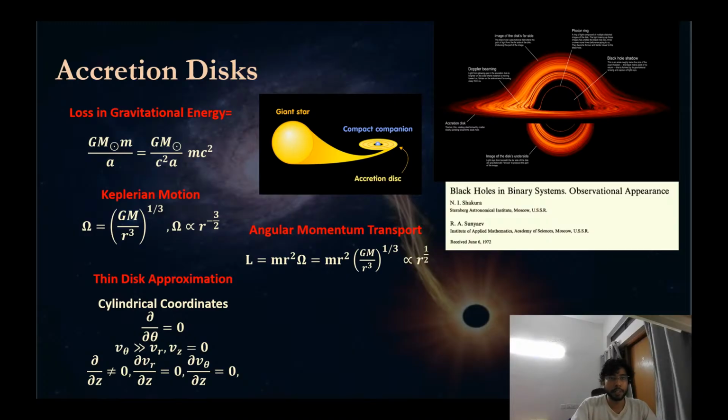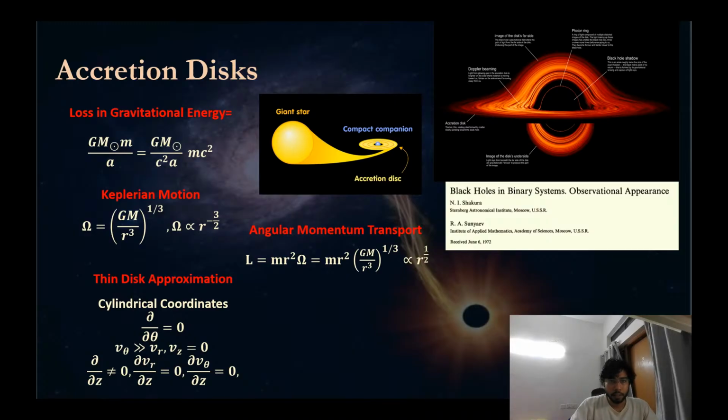If you equate the gravitational force, GMm by r square, with the centrifugal force, m omega square r, you will get omega in this form. Therefore, the omega in this accretion disk will vary as r to the power of minus 3 by 2. So as you go further and further, the angular velocity of the disk will decrease with this power law.